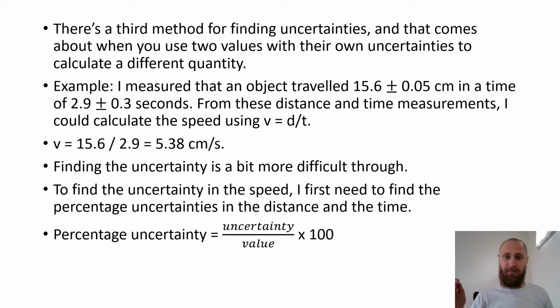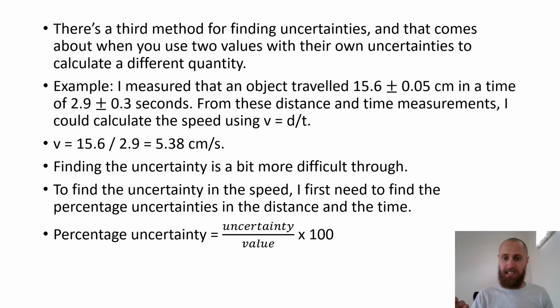So what's happening is that I want to find the speed of an object, and to find the speed of an object, well, I use distance divided by time the way I always do when I'm finding speed. So my example is that I measured that an object traveled 15.6 plus or minus 0.05 centimeters in a time of 2.9 plus or minus 0.3 seconds.